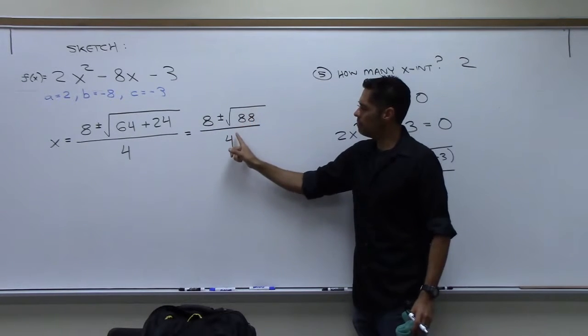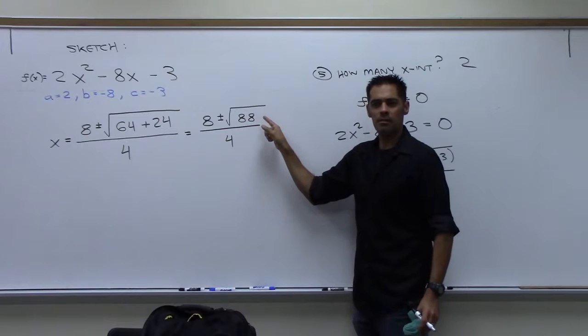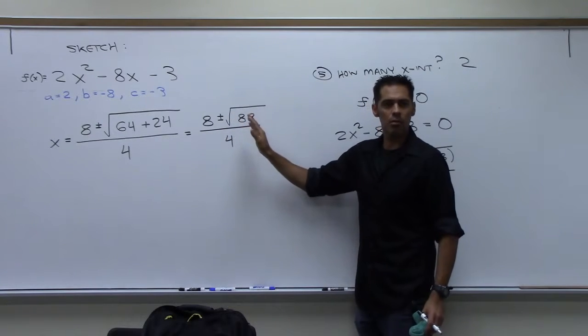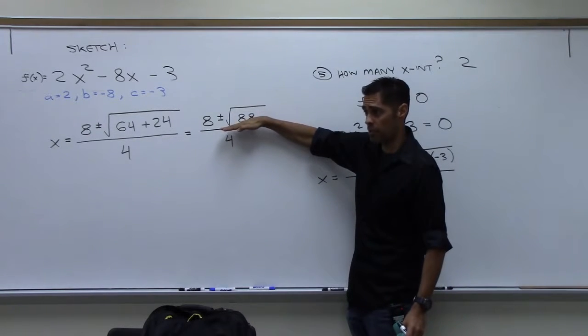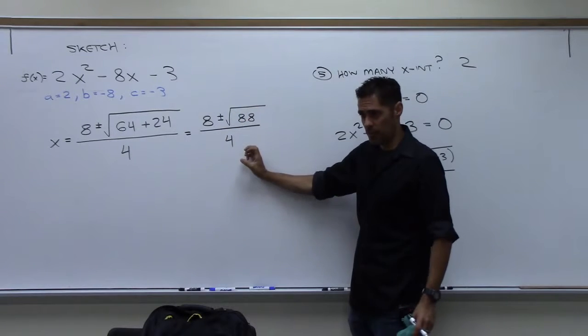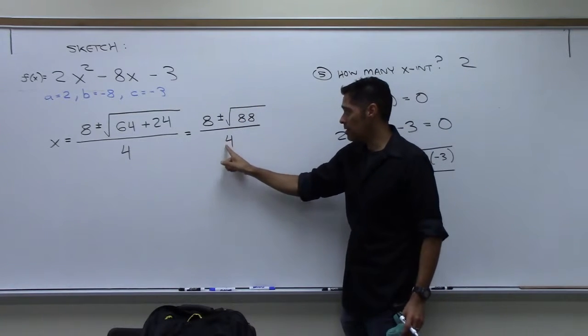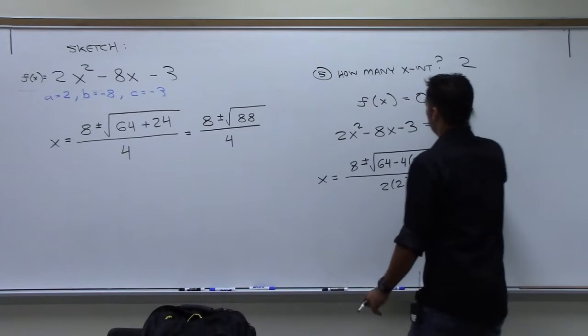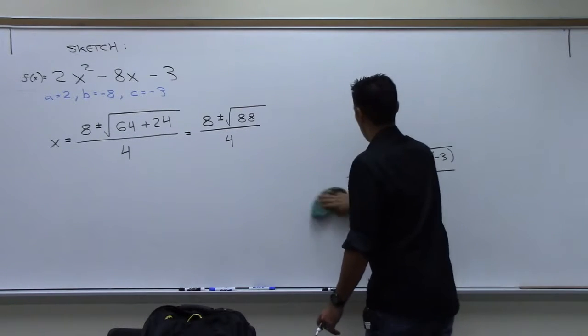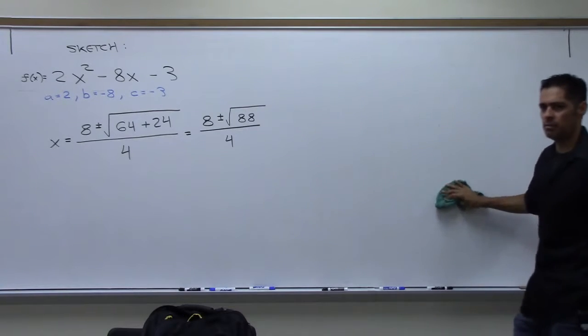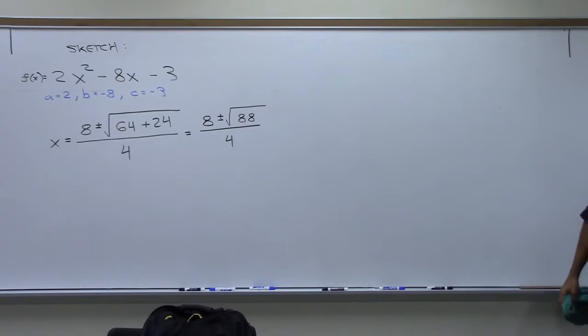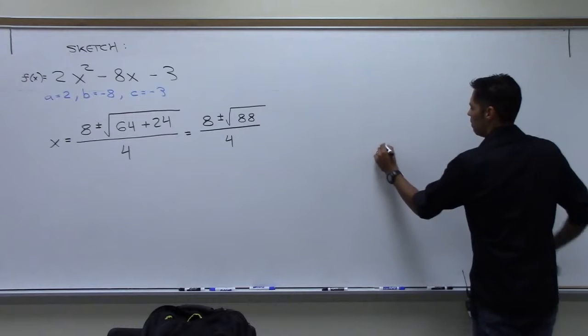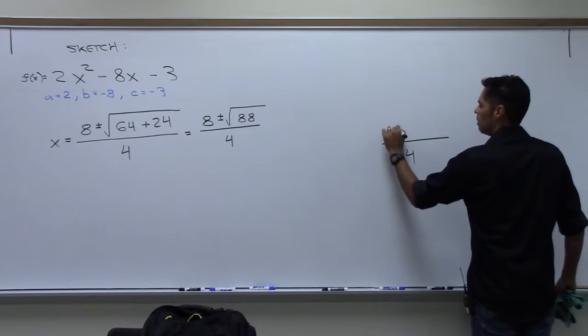Am I allowed to just take the 4 and do that? No. Remember the rule. You have to do everything up here first, then you can come in with the 4. You cannot do this 4 into that 8. You cannot do that. All right? Do y'all understand why you can't do that? Let me just ask you a quick question.